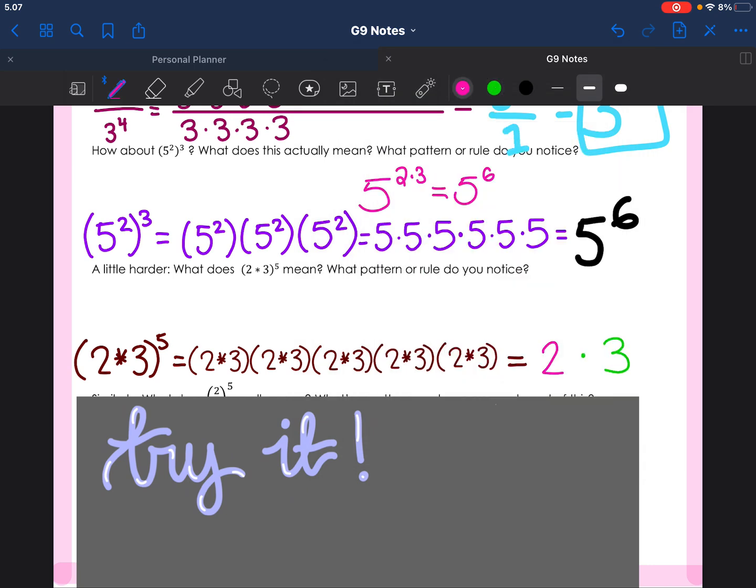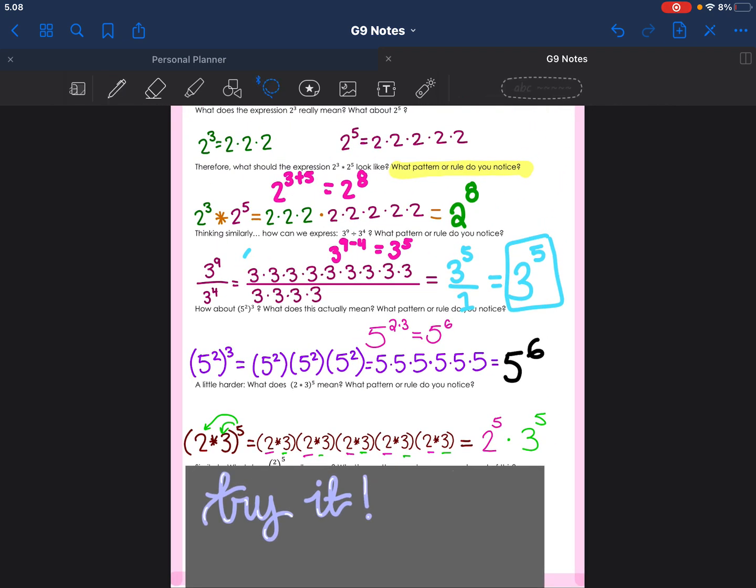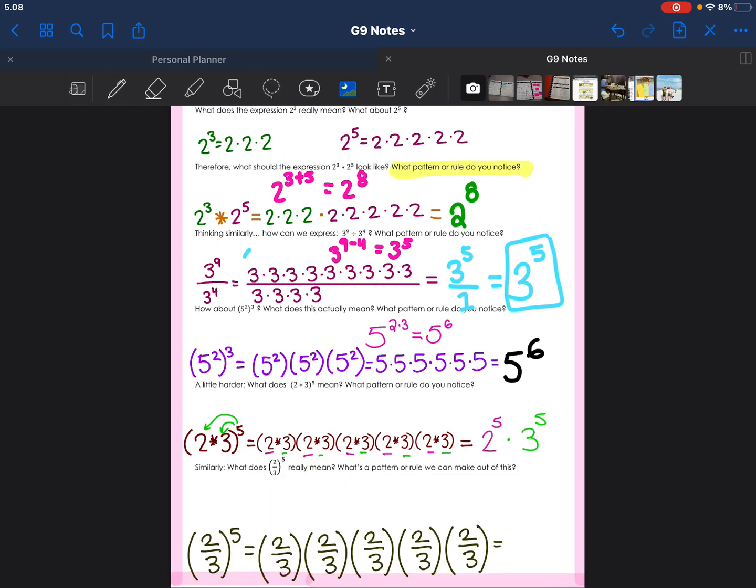Okay, there are 1, 2, 3, 4, 5. And then there are 1, 2, 3, 4, 5. So that means the powers go to each base.